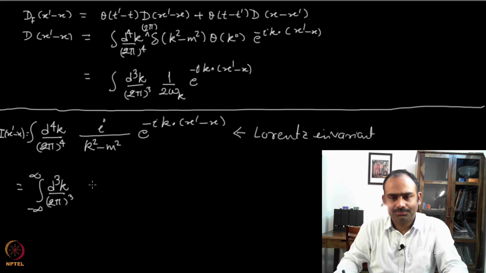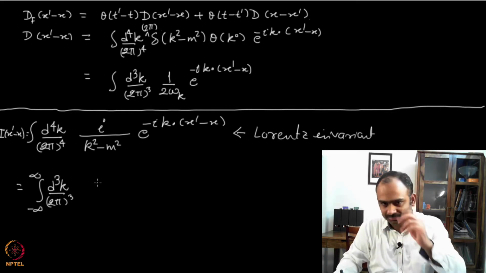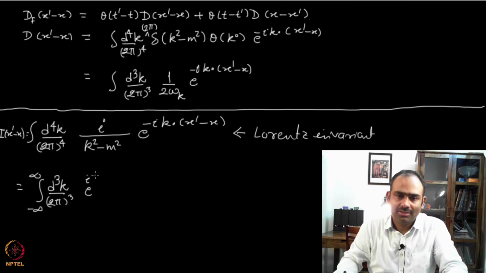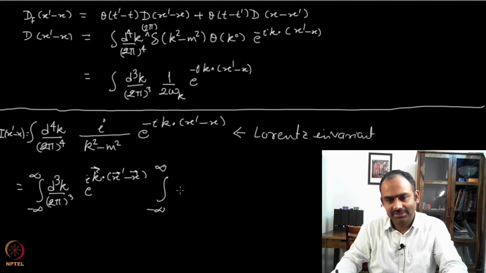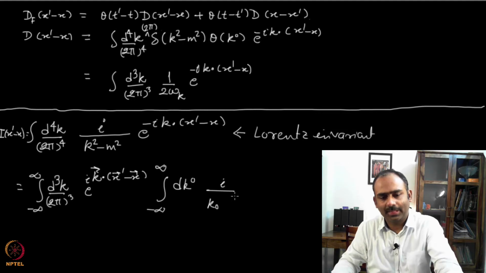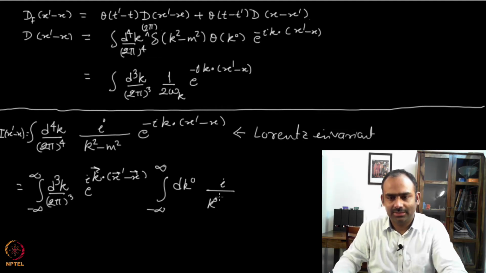And then we have e to the i k dot (x prime minus x), and then we have the integral from minus infinity to plus infinity dk0 of i over k0 square minus omega_k square, times e to the minus i k0 (t prime minus t).